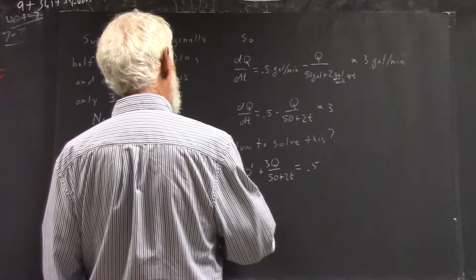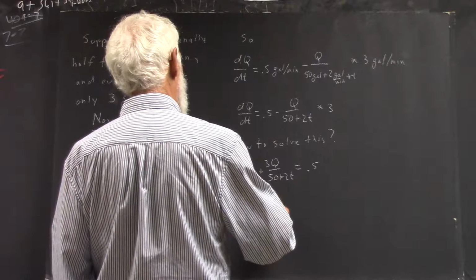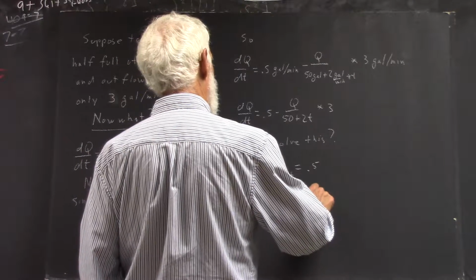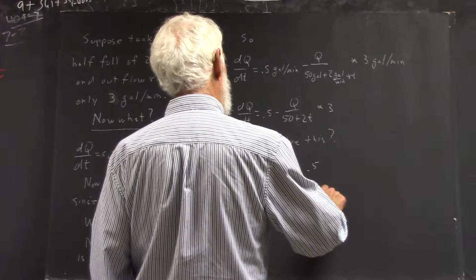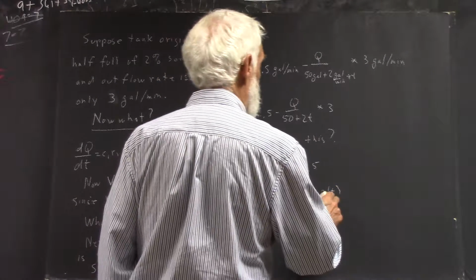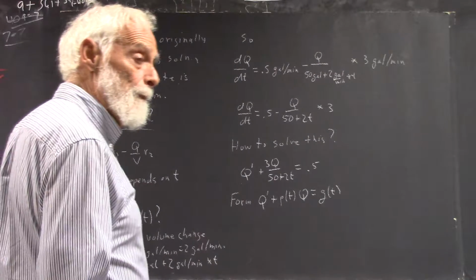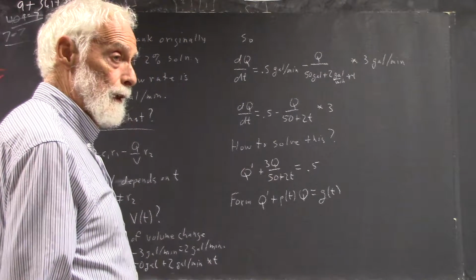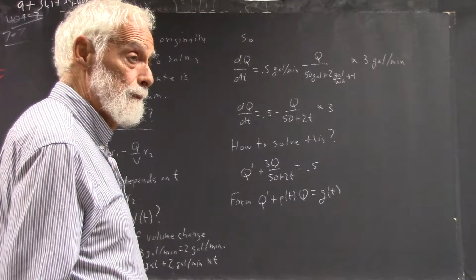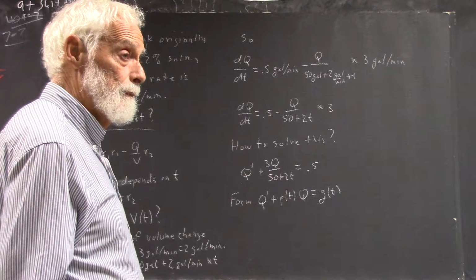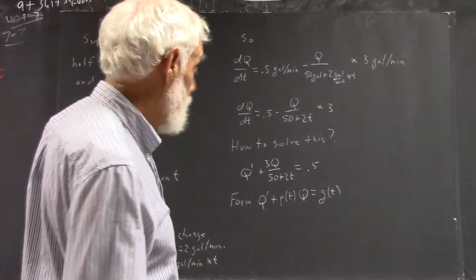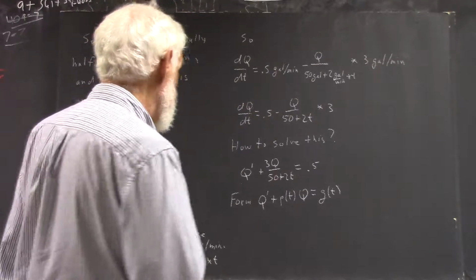This is a form Q prime plus P of T Q equals G of T. Of course, G of T is just a constant. Okay? How do you solve that? P of T, yeah, which is your integrating factor.